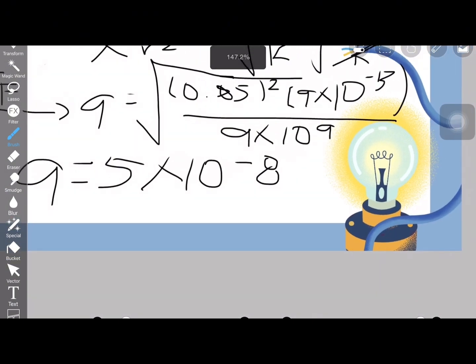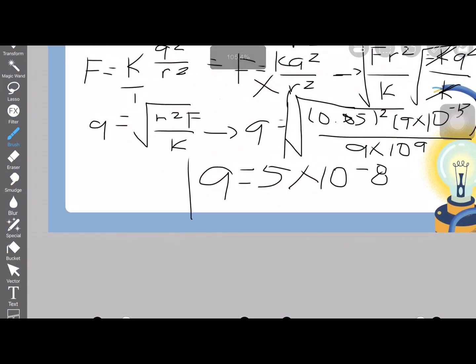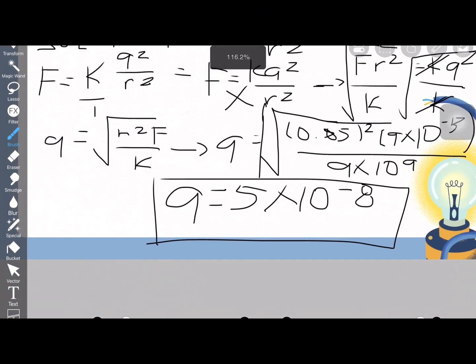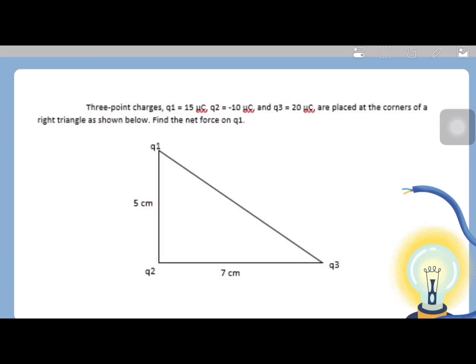You can just freely input this to your own calculator and you would get the same thing. So this is our own Q. So since they are two like and equal charges, both Q1 and Q2 would be equated to 5 times 10 to the negative 8. And that is our own second problem.